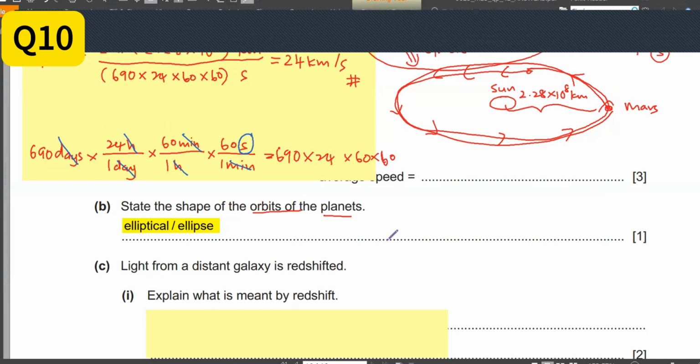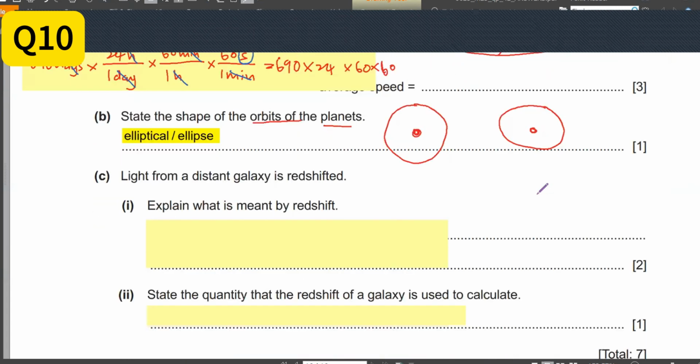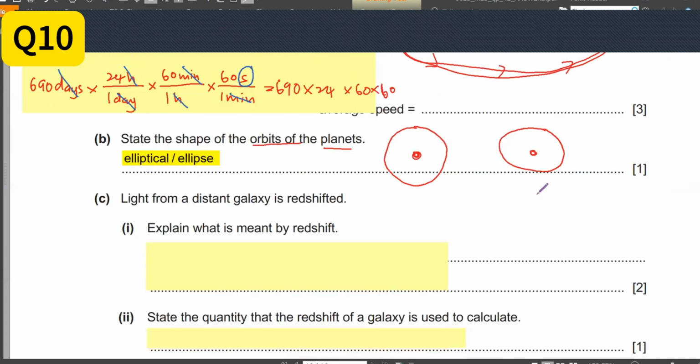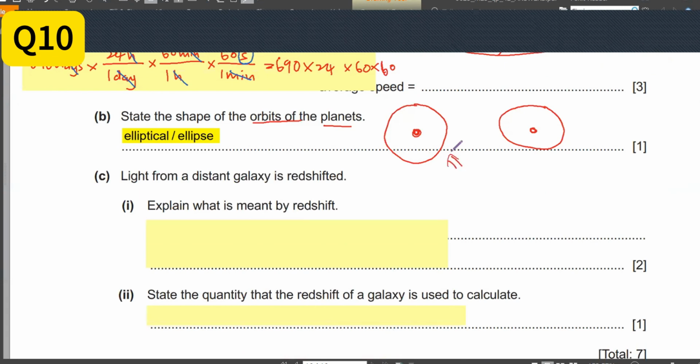If we view from the top, we might expect a perfect circle, but in reality it is elliptical. To simplify things, normally when we do the calculations, we assume that it is a perfect circle.